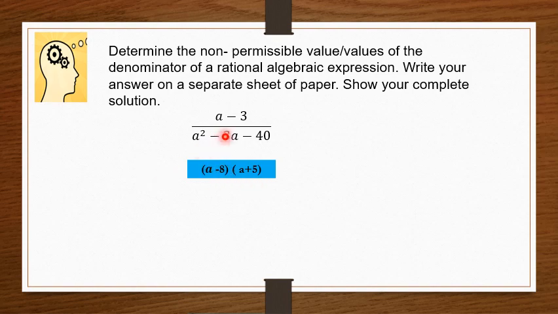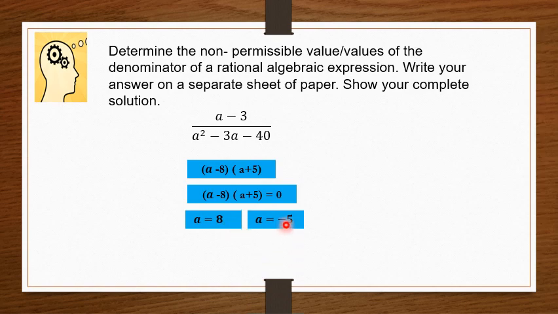When we factor the denominator, we have a minus 8 and a plus 5. So write it out as equal to 0, and then the opposite, since the coefficient of a is 1, a equals 8 and the other one is a equals negative 5. Therefore, the answer is a not equal to 8 and a not equal to negative 5. That's it.